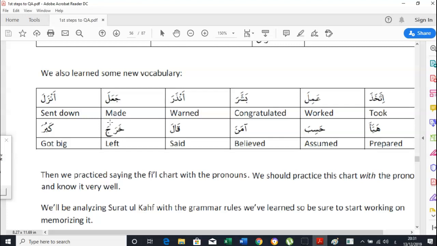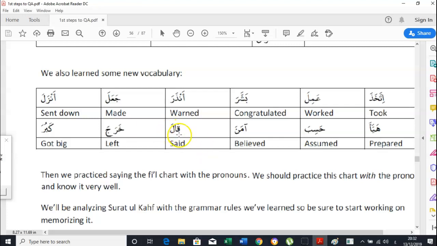Kharajti. Okay. They left. They, pronoun, give the pronoun. They. Yeah, that's right, but the pronunciation is funny. Kharaju. Yeah, not kharaju. Kharaju. Yeah.